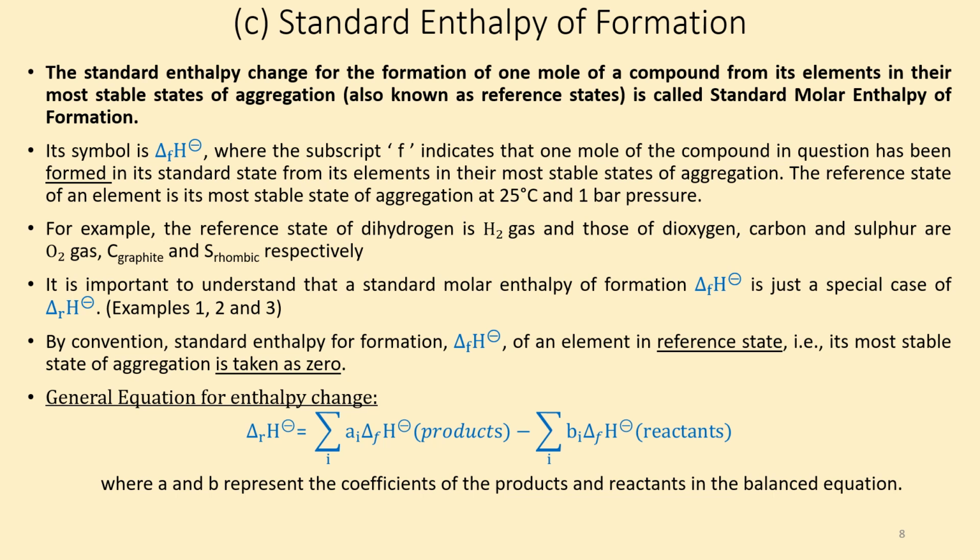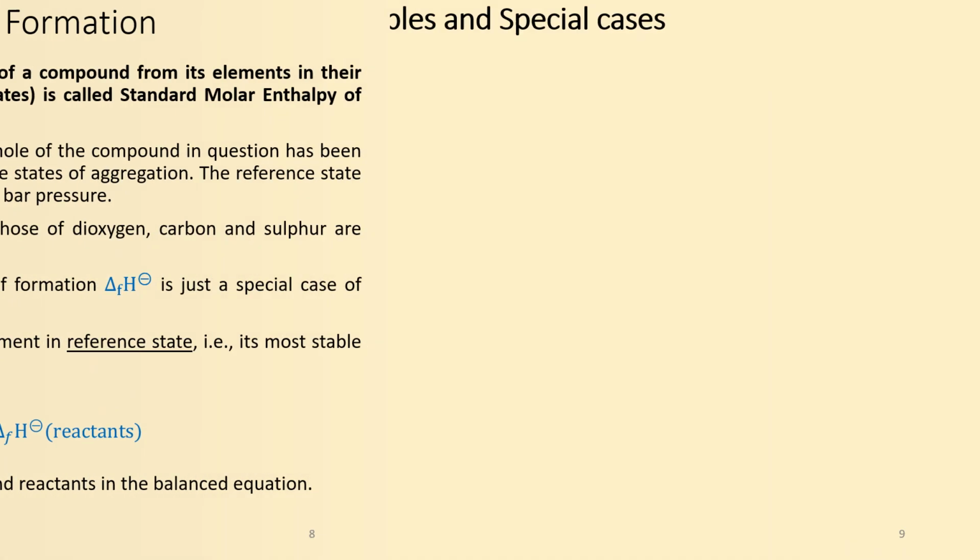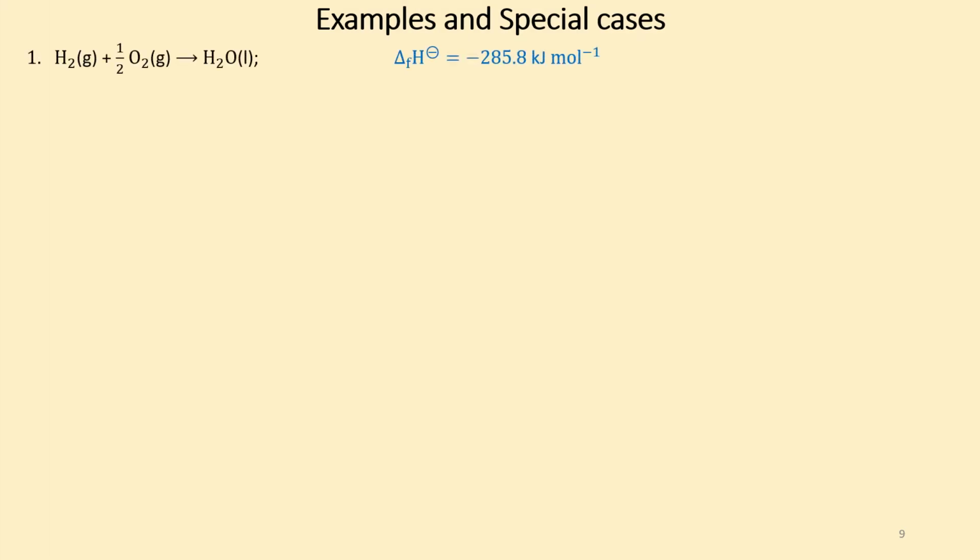So in the balanced equation, aᵢ is the coefficient of the product, which is on the right hand side of the equation, and the reactants are normally on the left hand side of the chemical reaction. Examples.